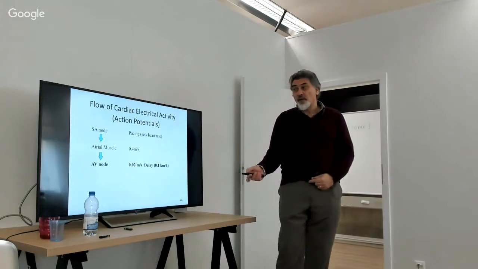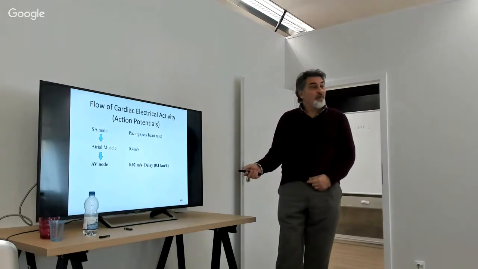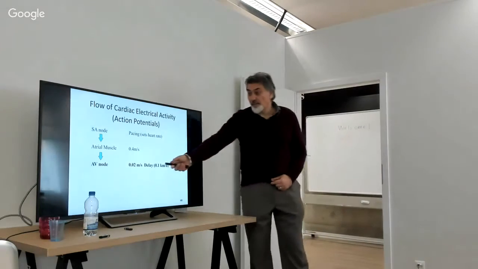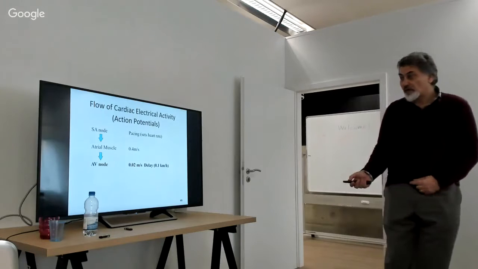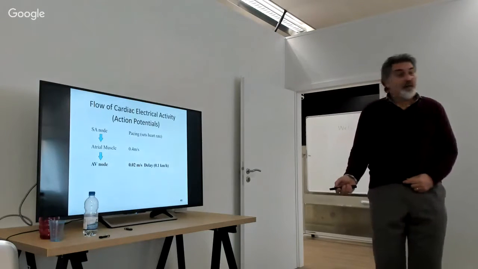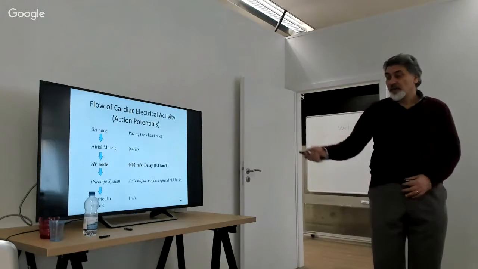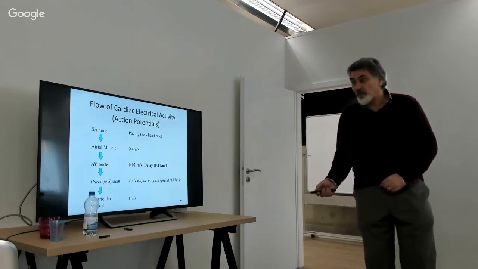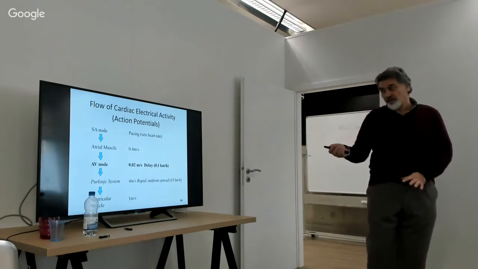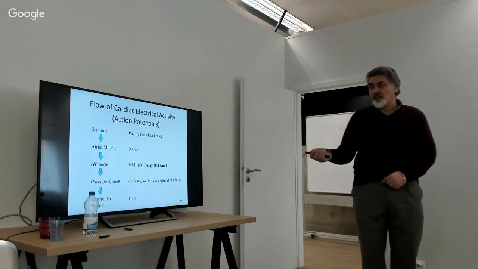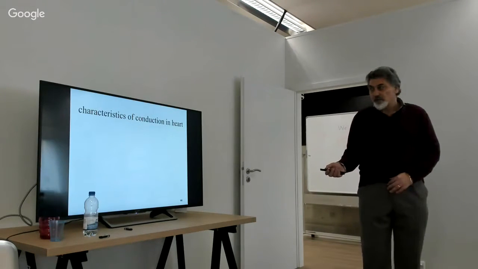This is the velocity: 0.4 meter per second. In the node, 0.02 meter per second. Delay. And rapid in the Purkinje system, 4 meters per second. And sufficiently rapid in the ventricle muscle, 1 meter per second.